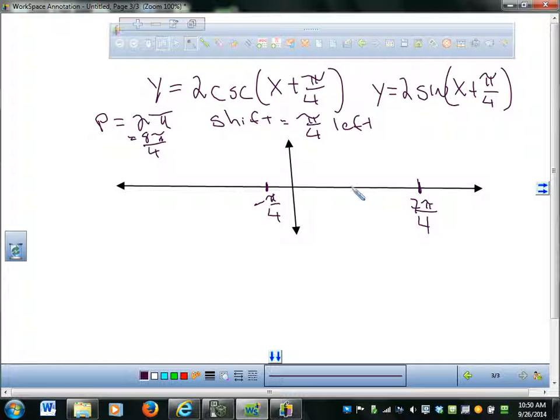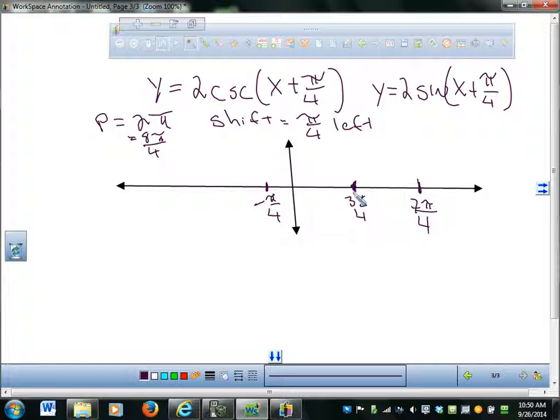Probably what you want to do is find the middle, okay? Well, I take the average of those two. What's negative pi plus 7 pi? 6 pi over 4. What's half of 6 pi over 4? 3 pi's over 4. You just divide the top, okay? So this is going to be 3 pi's over 4.